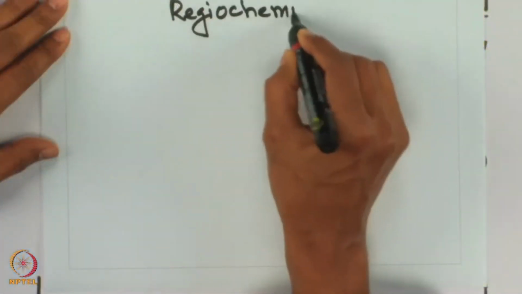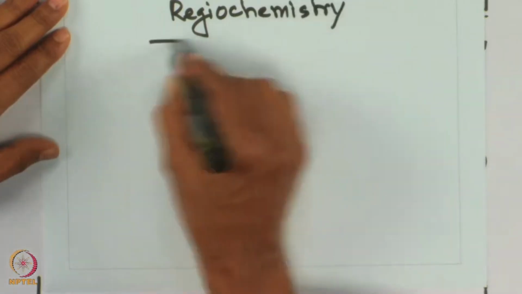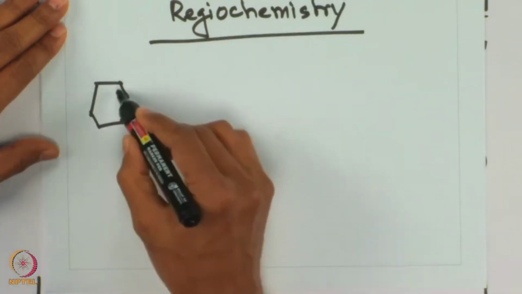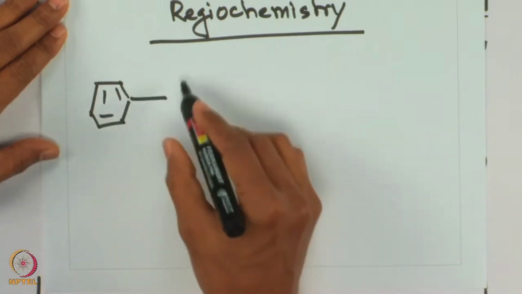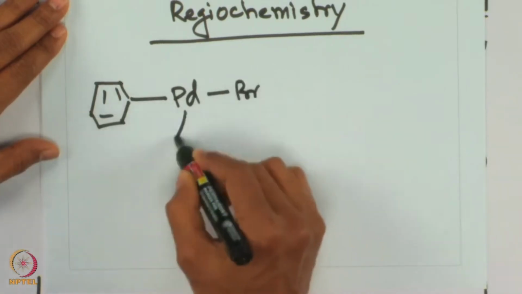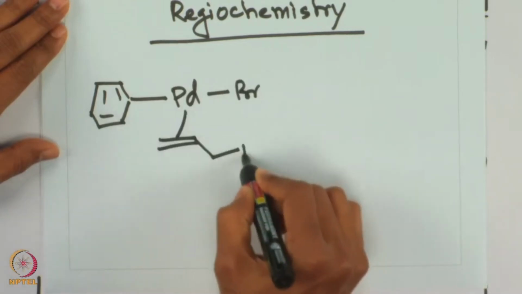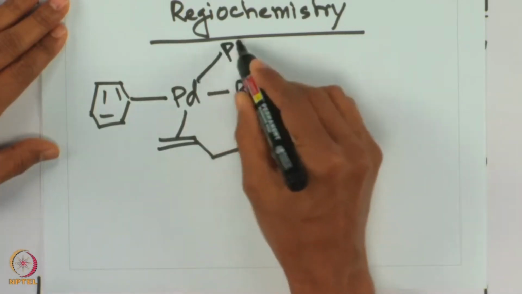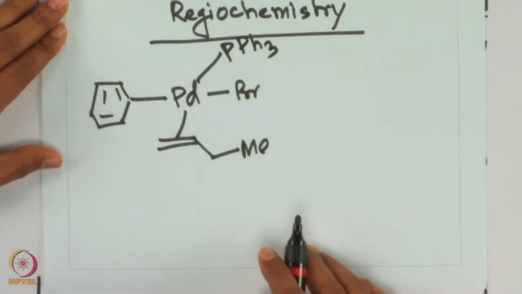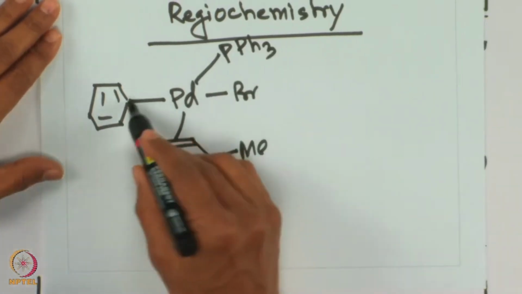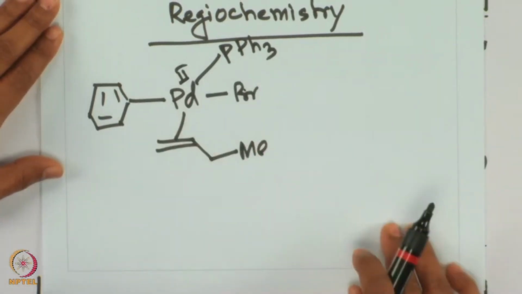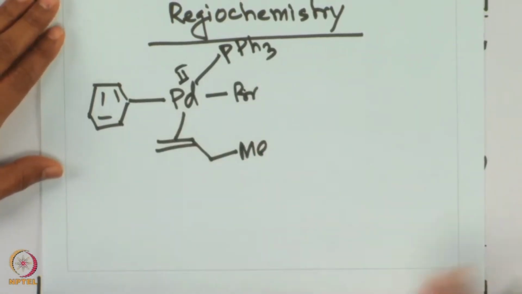The regiochemistry is at the less substituted position, where we will be getting the aryl substitution, right. So, we are drawing the olefin coordinated intermediate right now. Let us say this is the olefin, this is a tetra-coordinated palladium, it is palladium 2 plus, a d8 system, square planar in nature.